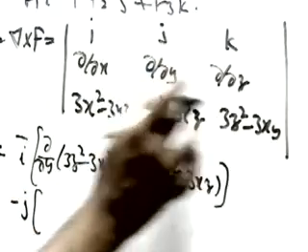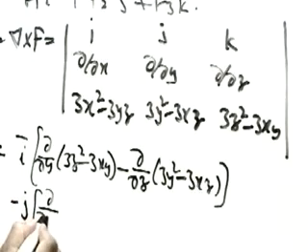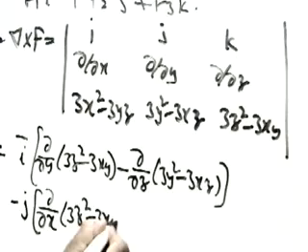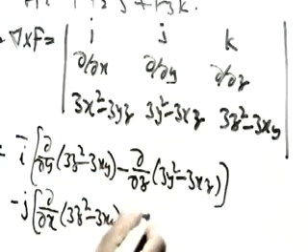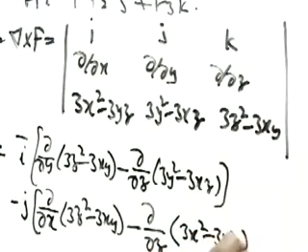And always the second is minus j. If you take j, you have to multiply these two. Dou by dou x of 3z square minus 3xy minus dou by dou z of 3x square minus 3yz. Lastly plus k into.